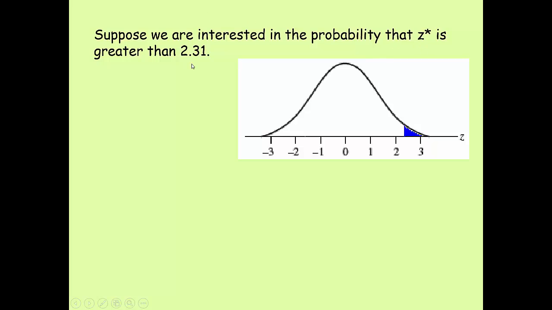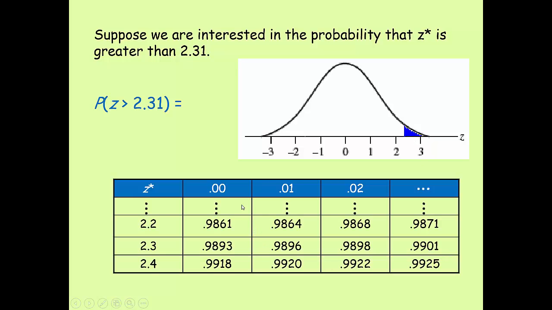Suppose we're interested in the probability that my z-score is greater than 2.31. I look up 2.31 in the table and it says 0.9896. However, your table gives you the area from minus infinity all the way out to that z-score.